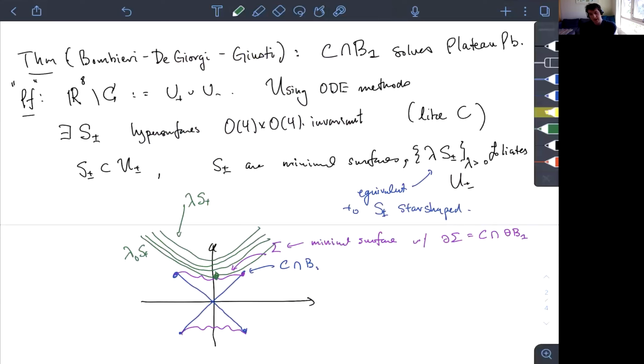But the contact can't occur at the boundary, because lambda naught S plus lives in the complement of the cone. Any positive scaling of S plus lives in the complement of the cone. And so the contact must be an interior contact, but then using the maximum principle, two codimension 1 minimal surfaces can't make tangential contact. So this gives you a contradiction.